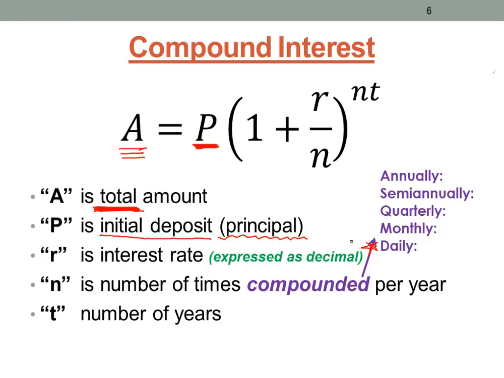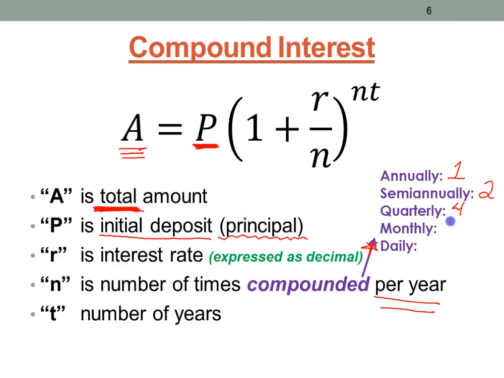Now, understanding what these represent. If I only compound annually, I only compound once per year. So therefore, what's semi-annually? Semi means in half. So if you see semi-annually, I'm compounding twice in a year. Quarterly, hopefully you can guess, quarterly would mean I'm compounding 4 times in a year.